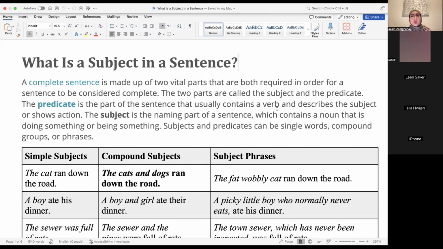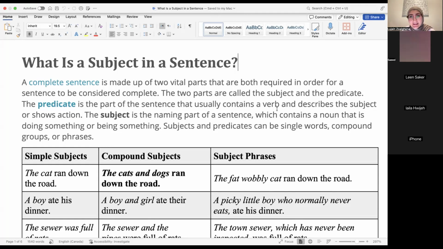The two parts are called the subject and the predicate. The predicate is the part of the sentence that usually contains a verb and describes the subject or shows action. The subject is the naming part of a sentence which contains a noun that is doing something or being something.